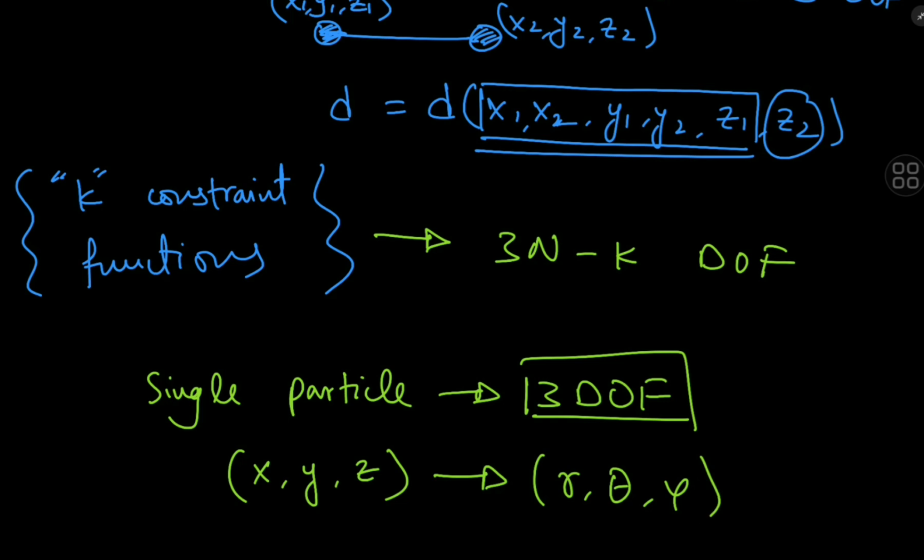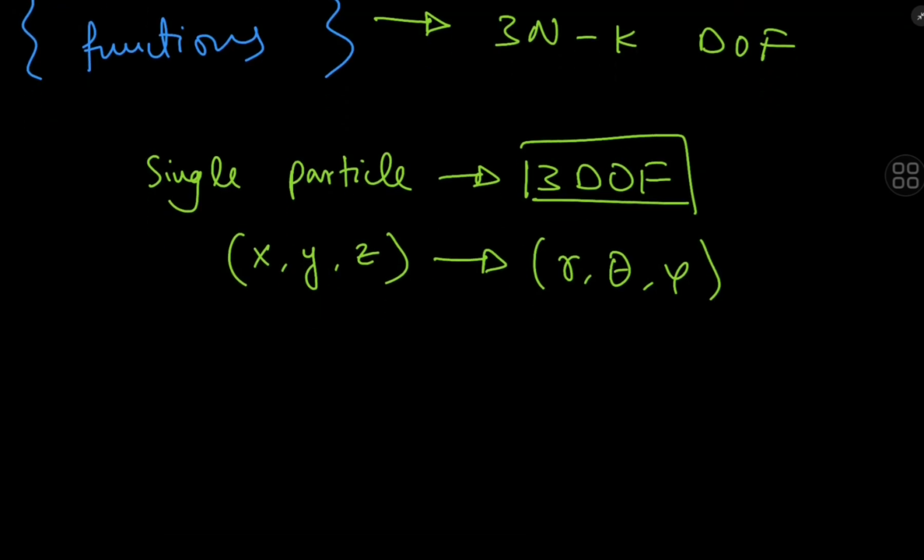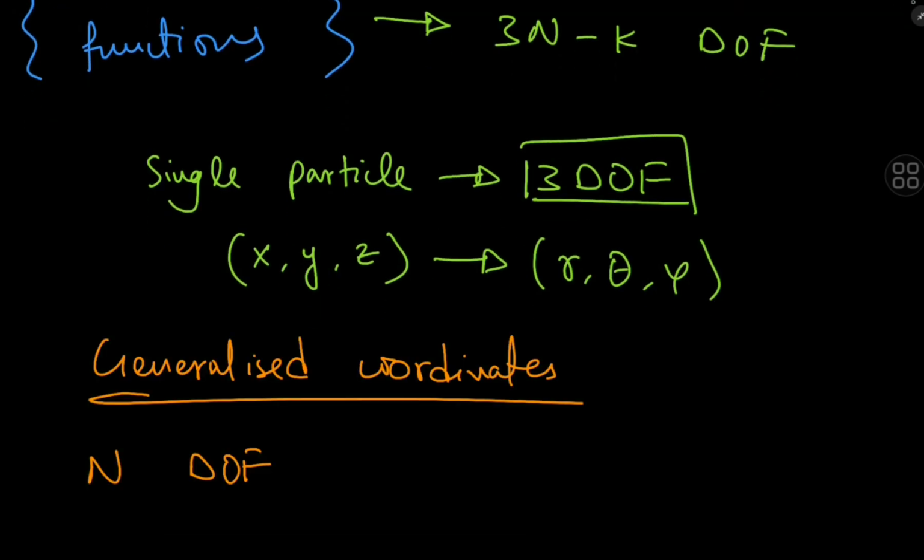And this motivates us to study physics using generalized coordinates. So instead of limiting ourselves to either Cartesian or polar coordinate systems, we could form generalized coordinates, and corresponding to n degrees of freedom, we can represent them by q1, q2, q3, all the way up to qn.